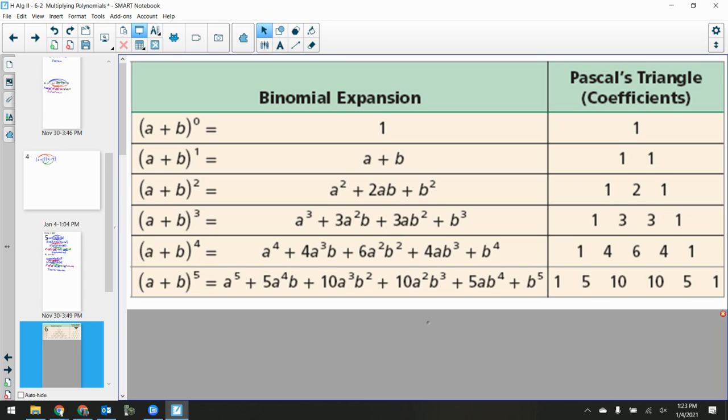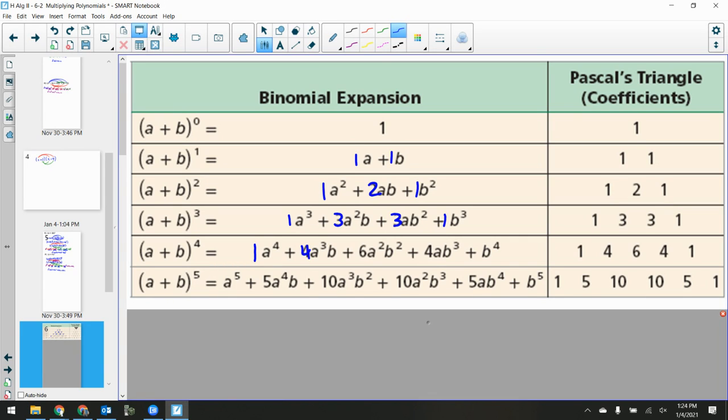Take, for example, here. This is a plus b to the 0, right? What's anything raised to the 0? A plus b to the first is itself, 1a plus 1b. A plus b to the second power. And now you'll just have to trust me. A plus b to the third.